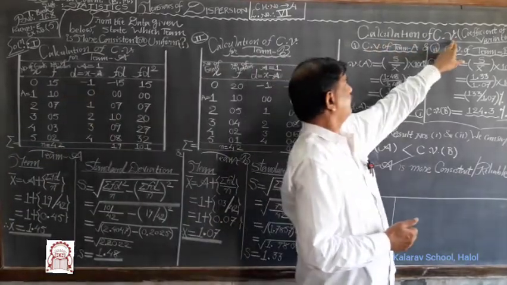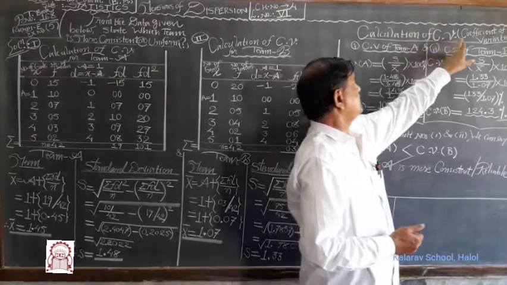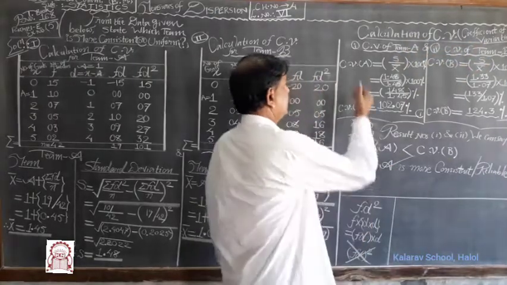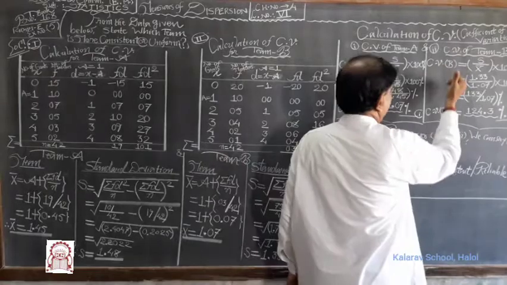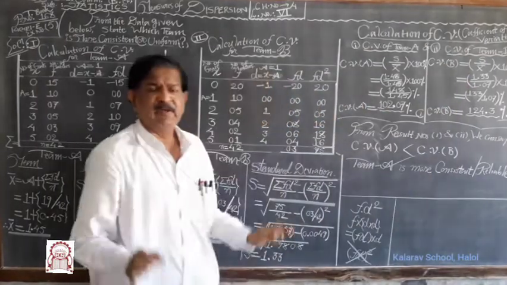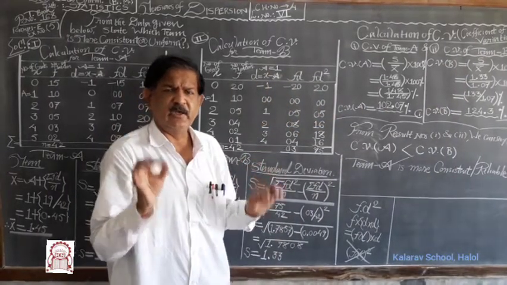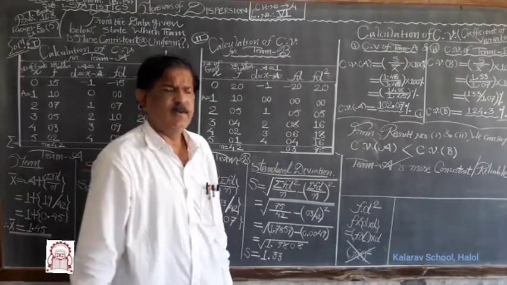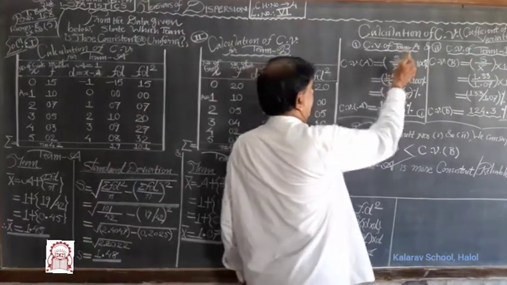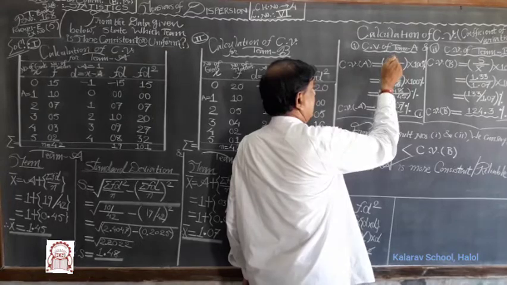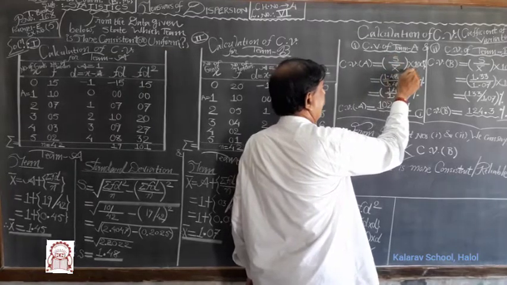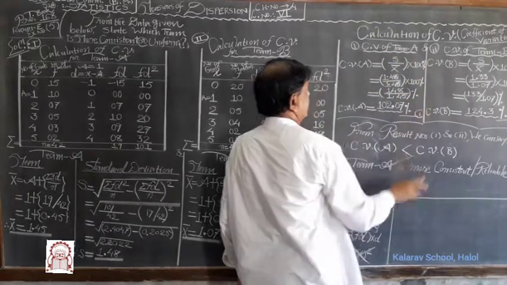Calculation of CV: CV means coefficient of variation, CV for team A and CV for team B. It is always measured in terms of percentage: S upon X bar, standard deviation upon arithmetic mean, multiplied by 100.